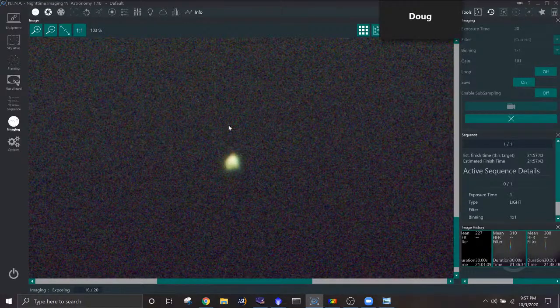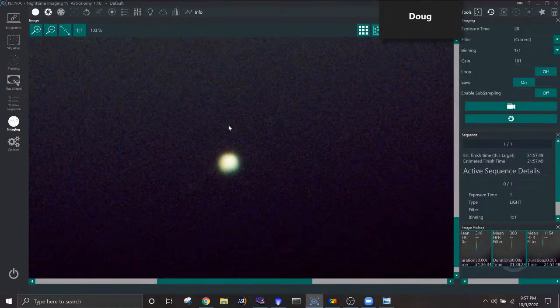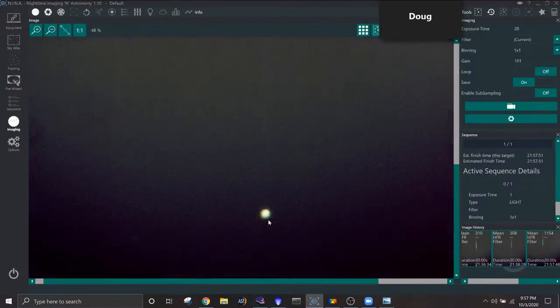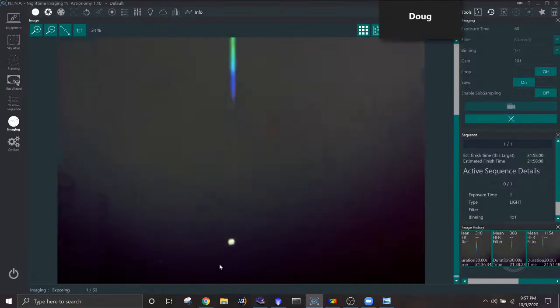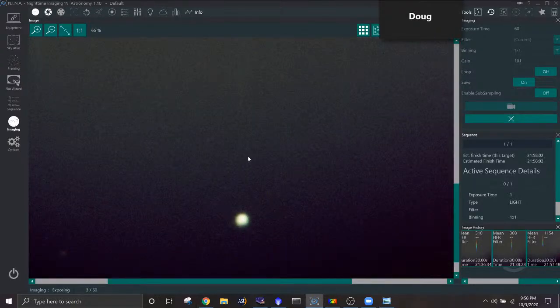Okay, so we're looking at our outermost planet, at least official planet. We'll need a longer exposure to get the moons. There's plenty of moons. There's a lot of moons around Uranus. But how many of them can be captured easily? Like 5 or 6 should be there or something.